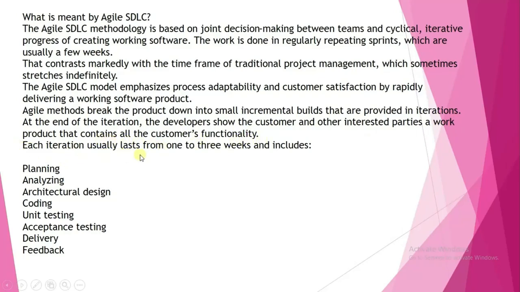Each iteration usually lasts from 1 to 3 weeks and includes these phases: planning phase, analyzing phase, architectural designing phase, coding phase, unit testing phase, acceptance testing phase, delivery, that is release, and feedback.